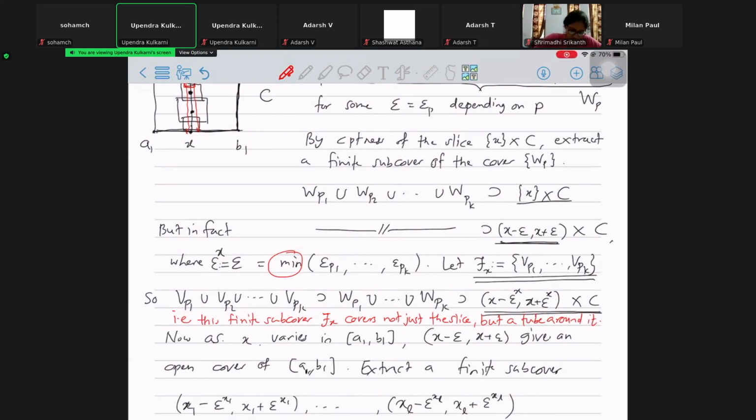That's the key. That really is the key point. And then if I take the widths of all of these tubes that I'm getting around each point, from those widths I can extract a finite number of tubes, because the finite number of widths will cover the first coordinate, all possibilities in the first coordinate. So I can take the associated finite number of tubes to get the finite cover that I want.